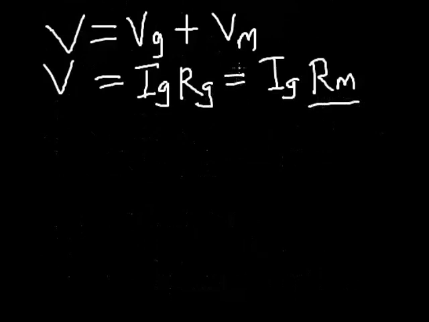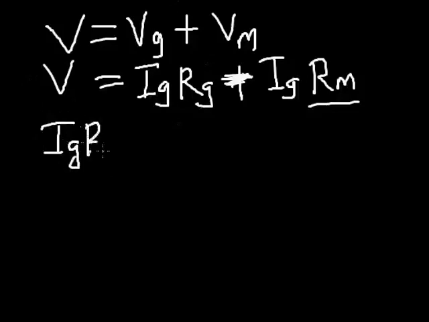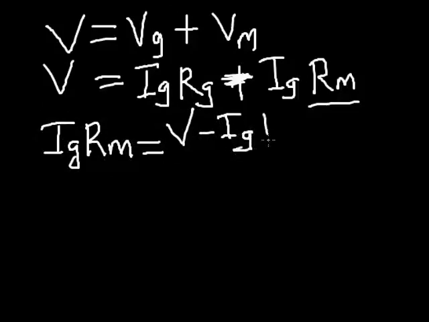So V is this plus this. I have to rearrange this equation. I take this to the other side, so I have that Ig Rm is going to be equal to V minus Ig Rg.